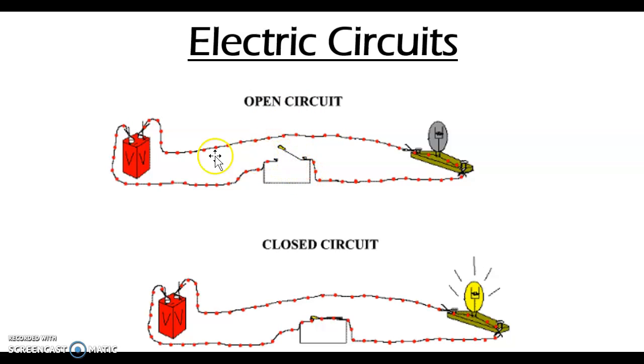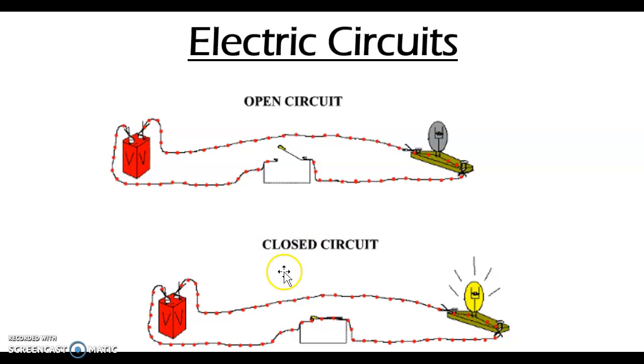In this case, if this is our battery, the electrons will leave from the negative side of the battery. They will not jump over to this other side here. So the flow of electrons will stop here. If there is no continuous flow of electrons going towards the bulb, the bulb will not light up.